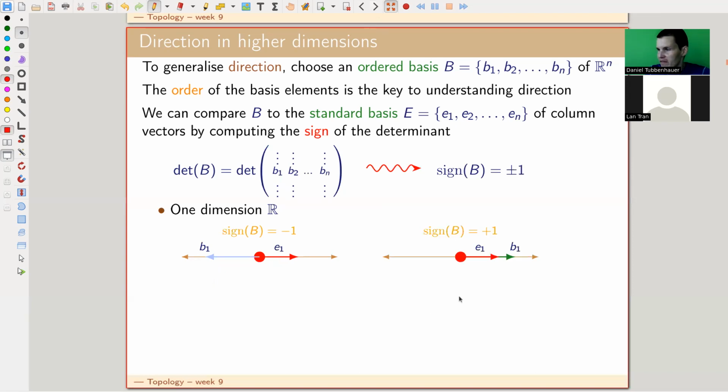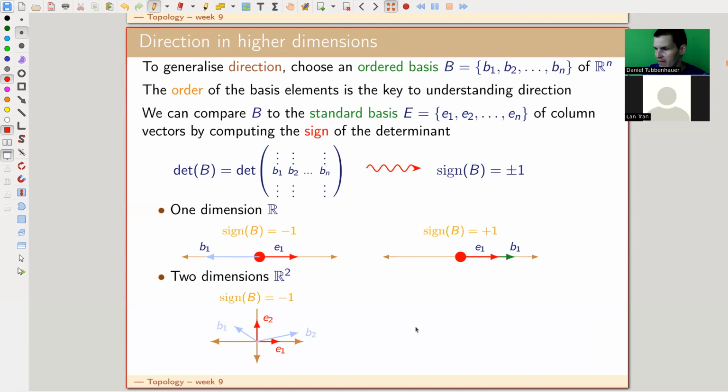And if it points in the same direction, so here's our B again, and now it points in the same direction, then the sign is positive. So this is kind of a measurement whether we are following the same direction as our standard basis, the E_i, or whether we're following a different direction, and depending on the sign, plus or minus.